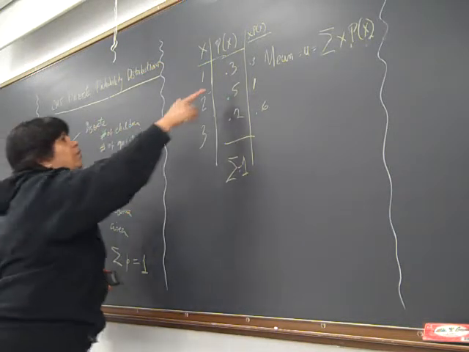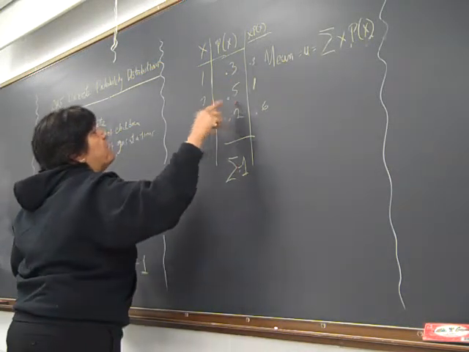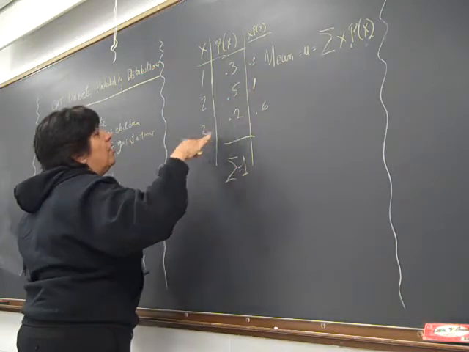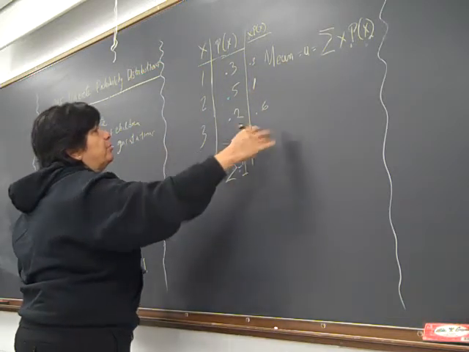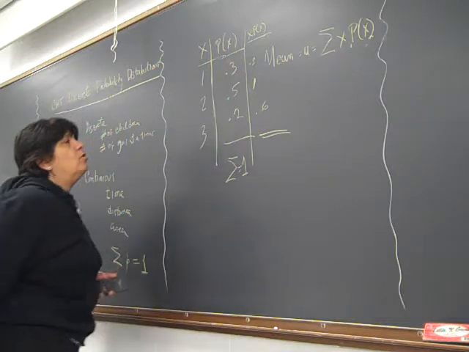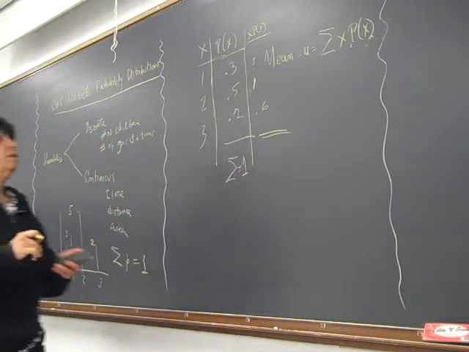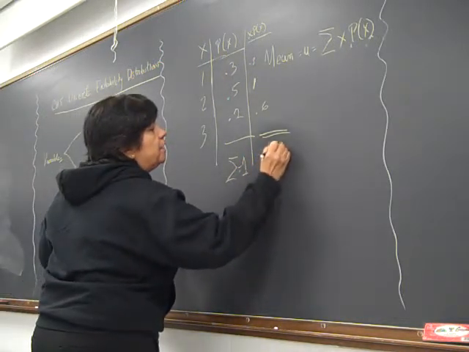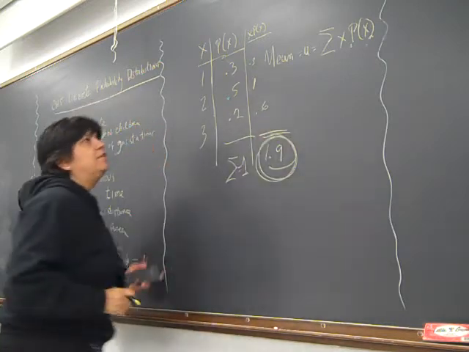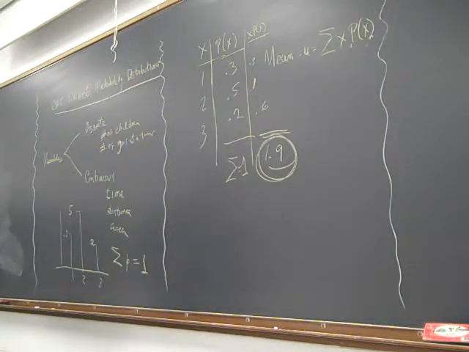So it's 0.3 times 1 is 0.3, 0.5 times 2 is 1, 0.2 times 3 is 0.6, and if I add all those values, it's going to be 1.9. So this is the mean of this particular distribution.